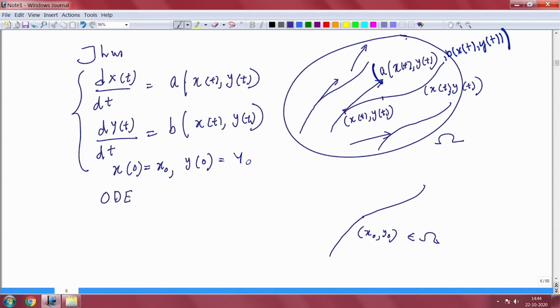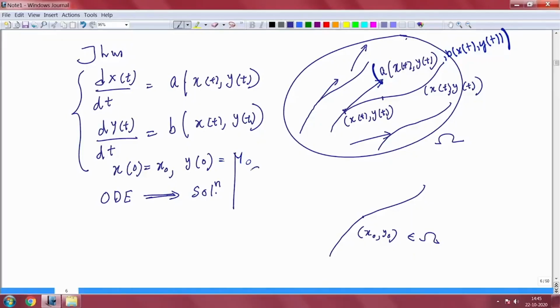The basic ODE theory will give conditions on a and b so that it gives you a solution. So, let me not get into that. You learn in your ODE system what the conditions on a and b are so that there is a local solution. That means, when you have a local solution, at every point of your domain omega there is a curve. So, you can fill your region, because at every point, if the conditions on a and b are satisfied, you will have a curve. So, you fill it up like that, and these are called the characteristic curves.